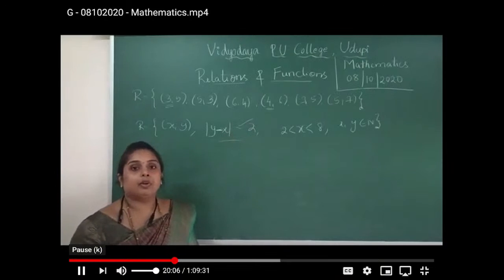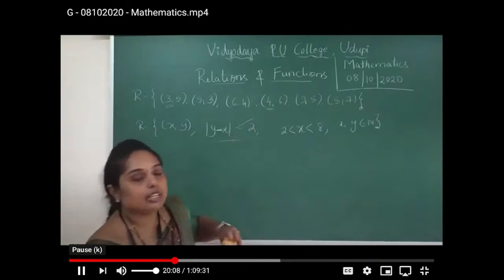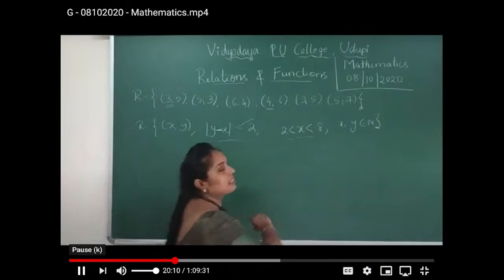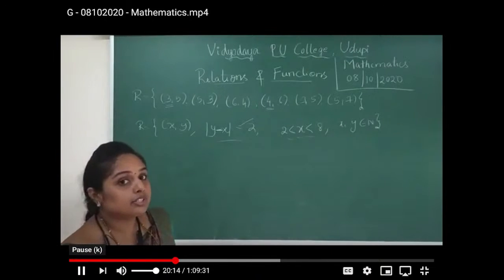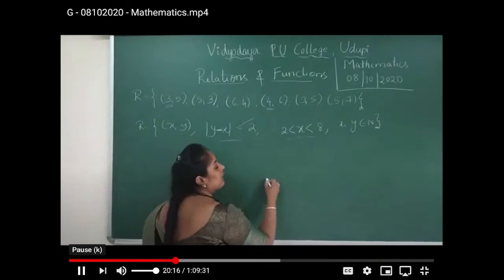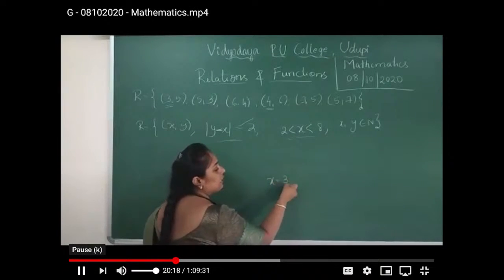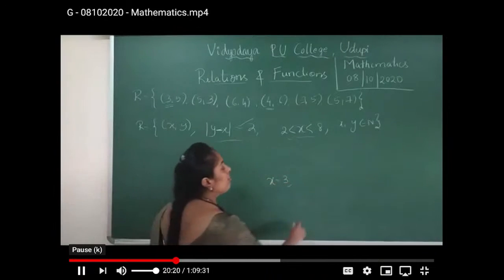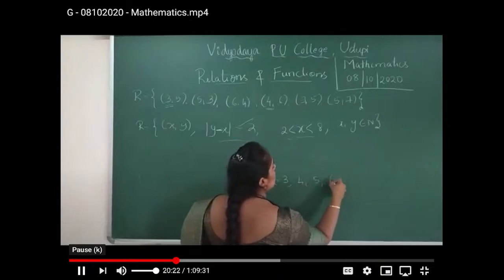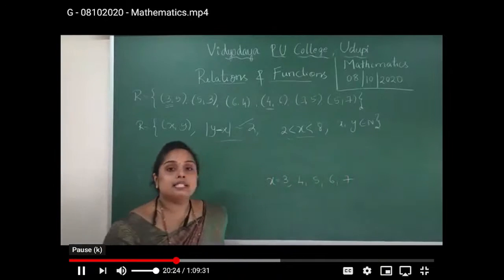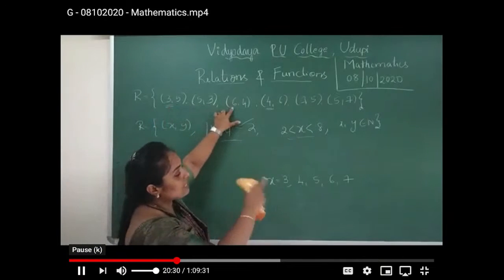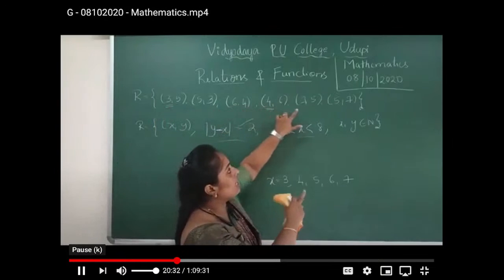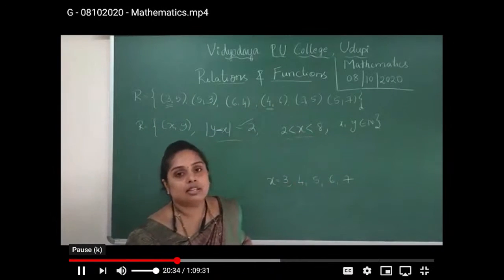This is satisfying. Even it should satisfy the range also. Even it should satisfy this condition also: x is greater than 2, less than 8. Whether it is true, x is greater than 2 means x can carry value 3. 6 is there, 4 is there, 7 is there, 5 is there.